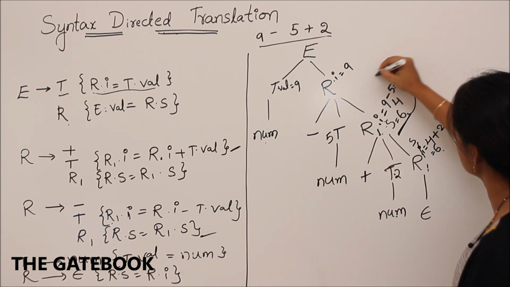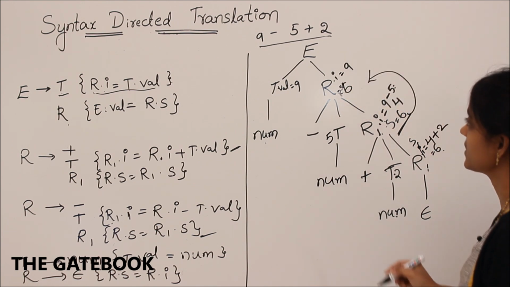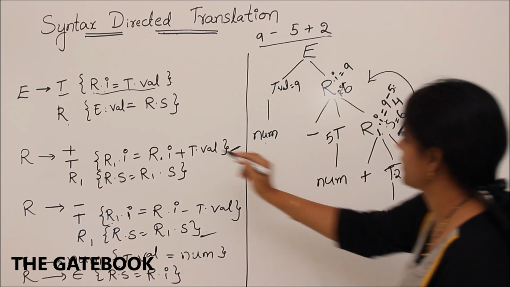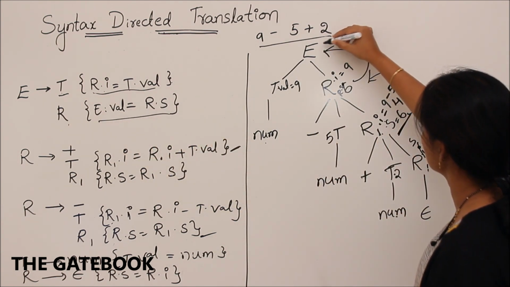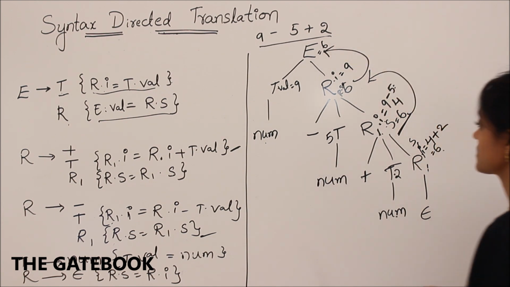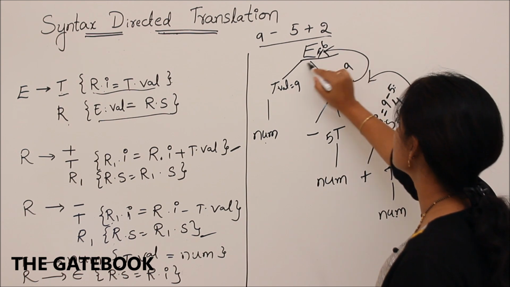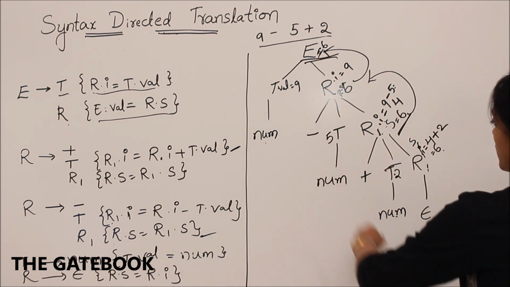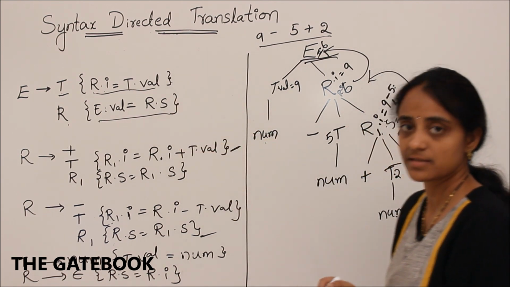So again copying synthesized attribute to R dot synthesized, and once we are done with this production again we need to copy this synthesized attribute to E dot value, that is nothing but 6. So finally the final value of E is 6. So we have evaluated in this order based on the translation schema.